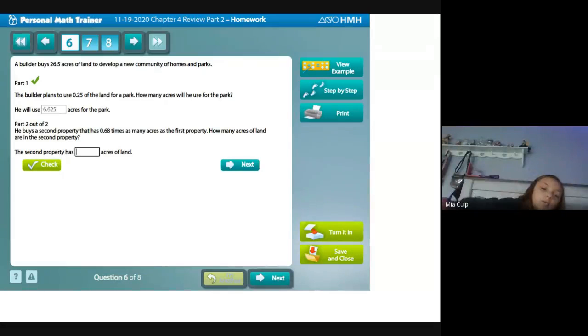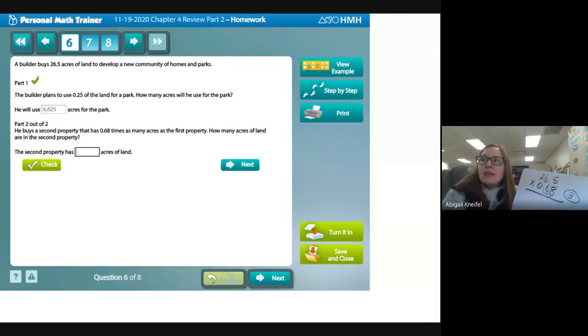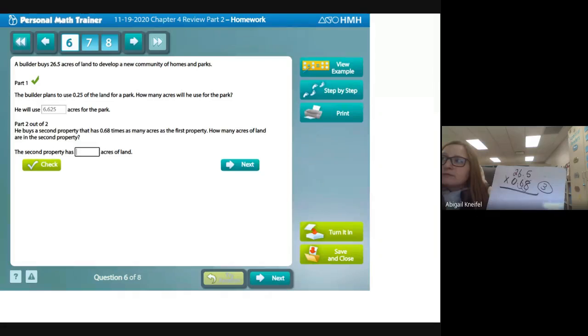I have no idea what we're multiplying here. Well, they gave us a new number right here, and they want to know times the first property. So we're taking our new number times our original number. So it's 26.5 times 0.68. They gave us a new number, we're timesing it our original number, okay?